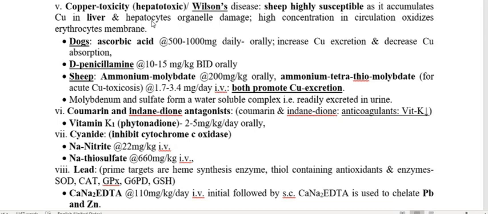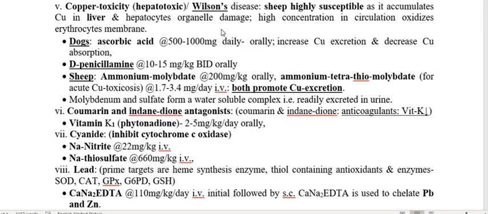Not only that, when copper reaches the systemic circulation in very high concentration, it also oxidizes the erythrocyte, and the erythrocyte becomes fragile. By this means copper produces toxicity in patients suffering from Wilson disease, and in sheep that have the property to accumulate copper in the liver.